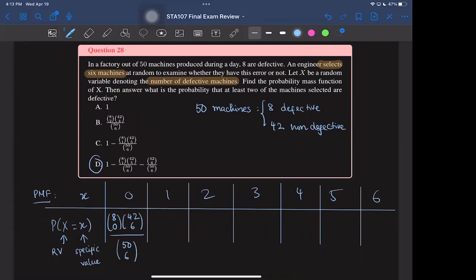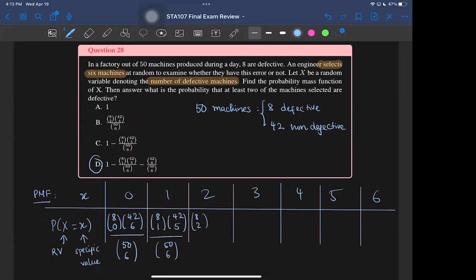So this is the probability that X equals 0, and we do the same for X equals 1, which means we want 1 defective item. So out of 8 defective, I choose 1. Out of 42 non-defective, I choose 5.